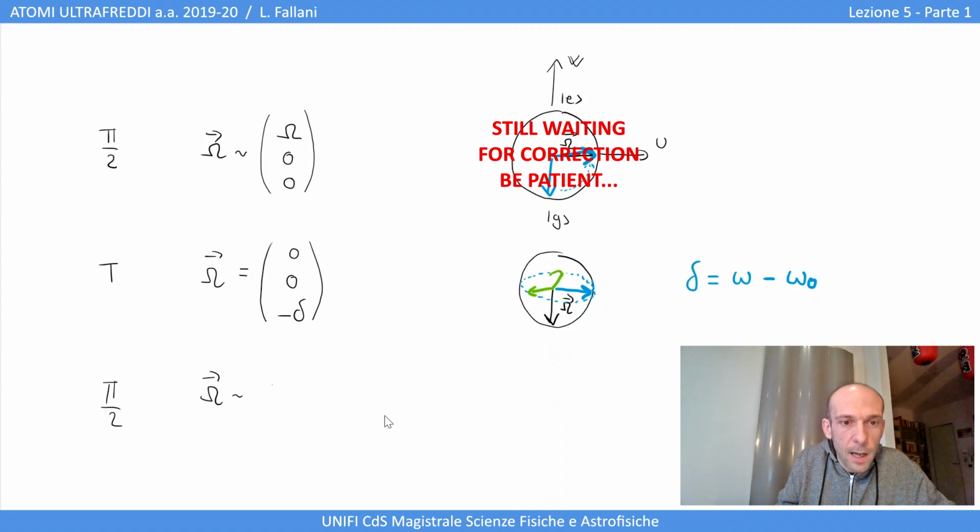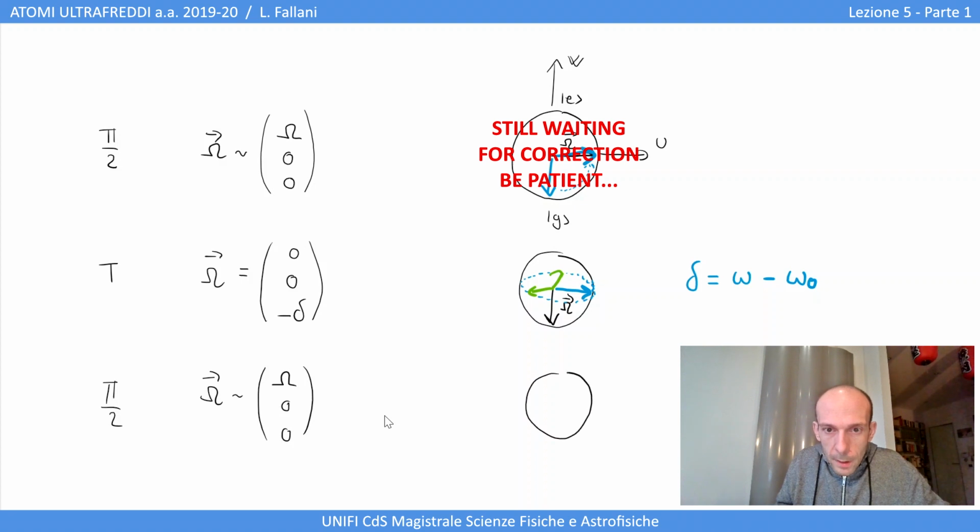Again, in the last pi half pulse, so this will again be a Rabi vector on the equator.